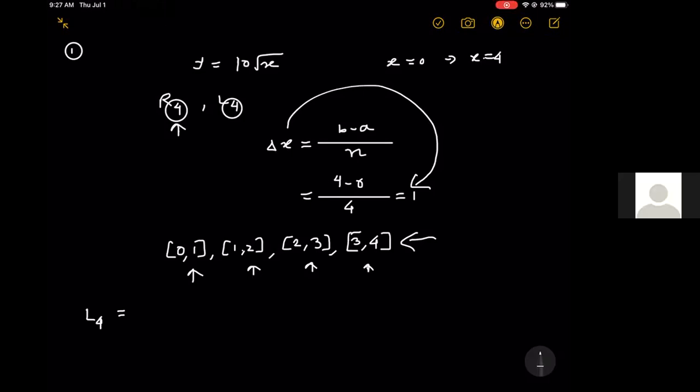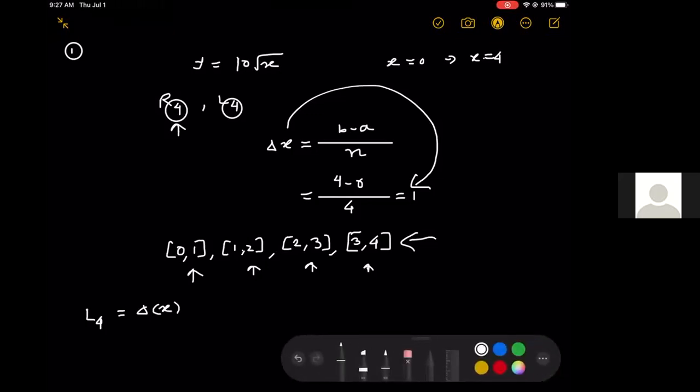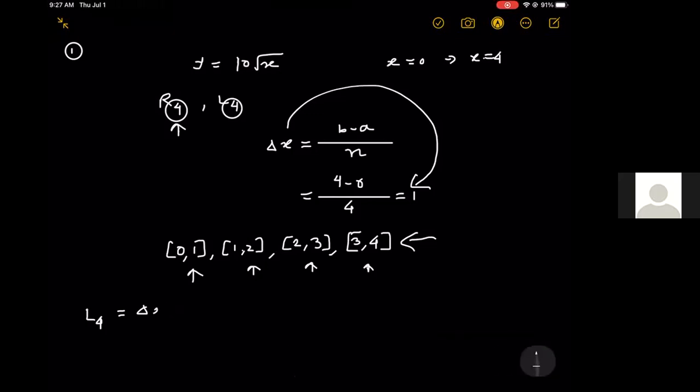It would be delta x times, in parentheses, f of all of the left-hand limits, so 0, 1, 2, and 3. Okay, so 0, 1, 2, oops, sorry. 2, oh gosh. Okay. And 3. Yeah, you're right.